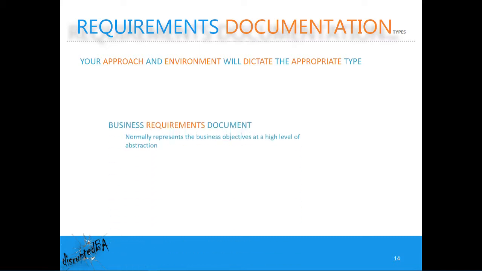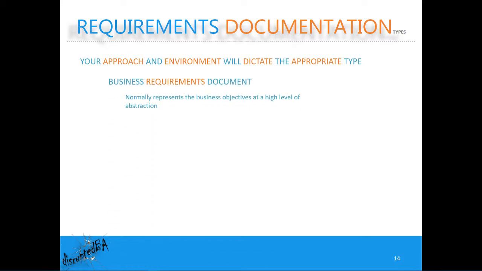But in general, you'd be looking at something like a business requirements document, a BRD. It could go under different names. Some people might even classify it as a business case. Typically what I find is your business requirements will be part of a section in the business case, but in some instances it's a different document.